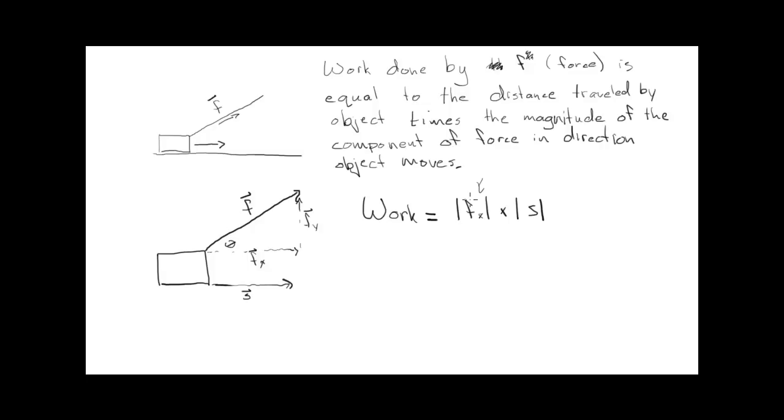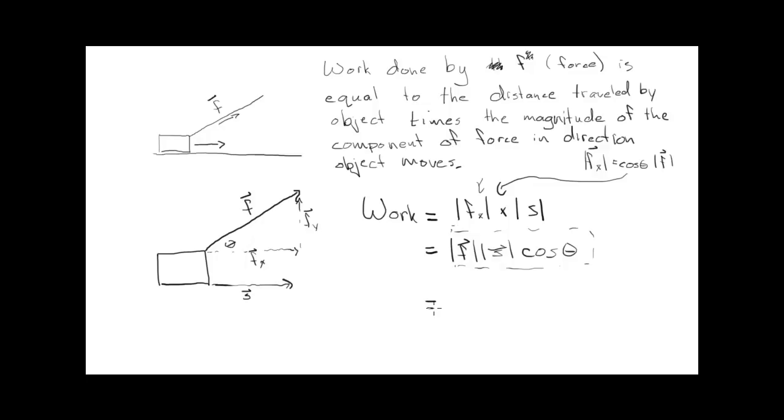So let's try to relate this to F. We know that if this is the angle theta, then the magnitude of Fx is equal to cos theta times the magnitude of F. Putting this in and rearranging, that's equal to the magnitude of F times the magnitude of S times the cosine of theta, which you might remember from the dot product lesson.